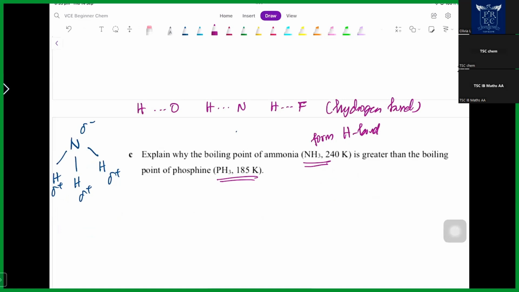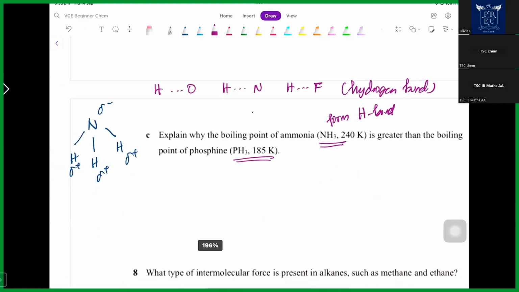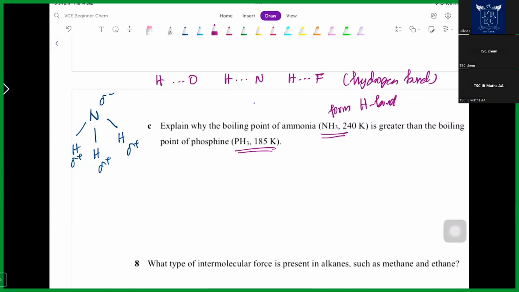So here in this case, we can say that both molecules are polar. See this? Both molecules are polar.